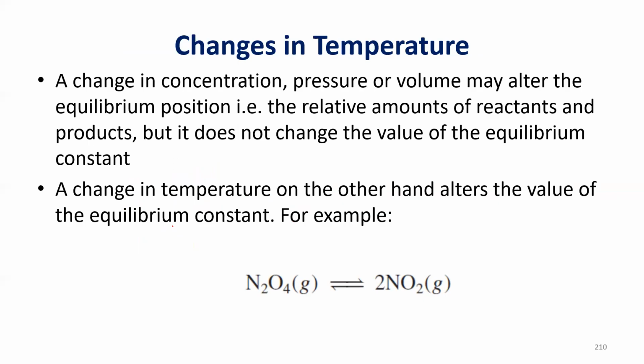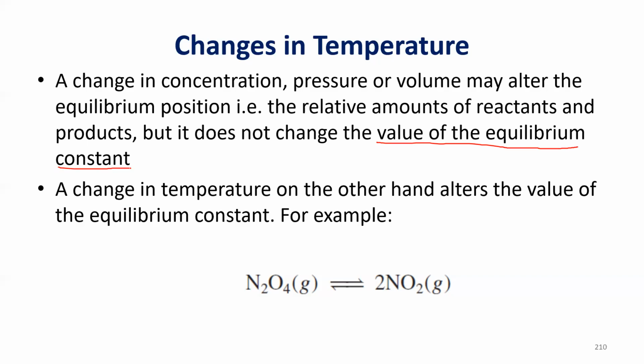Another variable that we need to consider is changes in temperature. The other variables that we have considered, that is concentration, pressure and volume, only alter the equilibrium position, that is the relative amounts of reactants and products, but they do not change the value of the equilibrium constant.